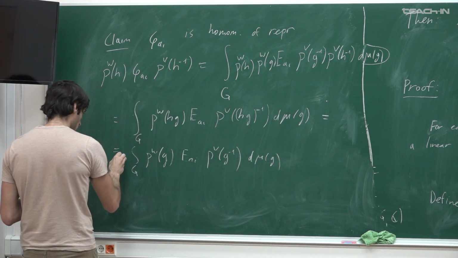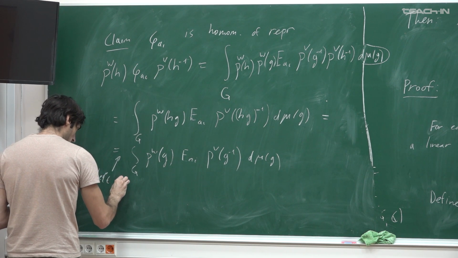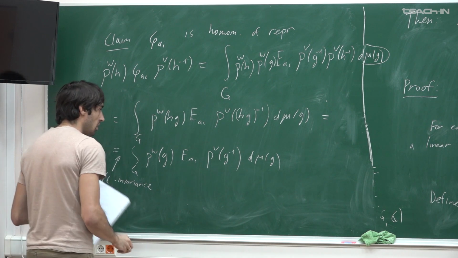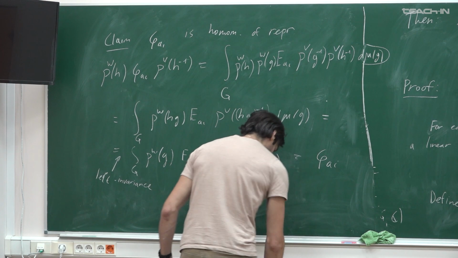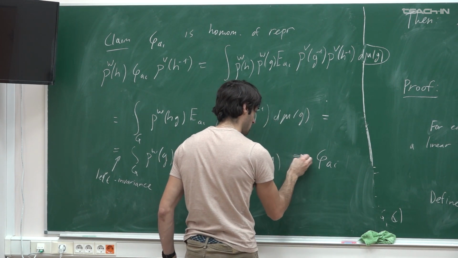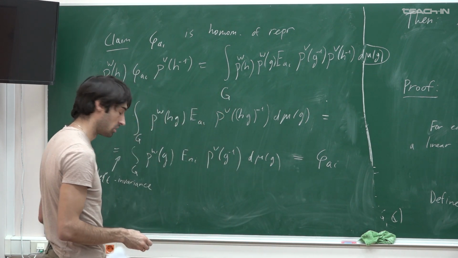So this is left invariance. But this is the same as phi_{a,i}, right? So we proved the claim.